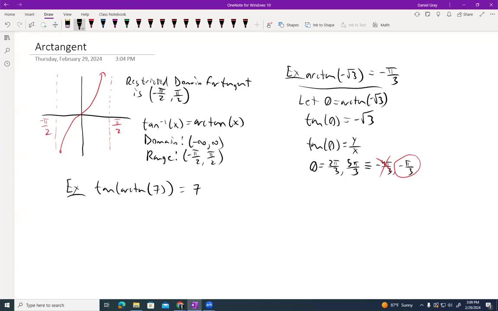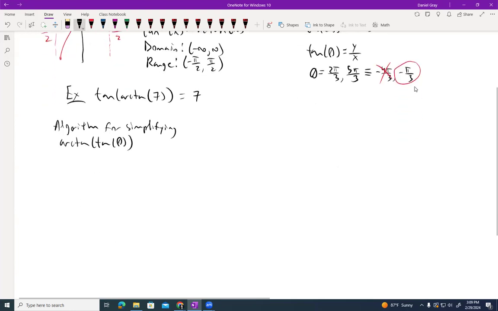But of course, the harder direction is what happens when we reverse the order of arctangent and tangent. So let's see if we can come up with an algorithm for simplifying arctangent of tangent of theta. Step 0 is exactly the same.